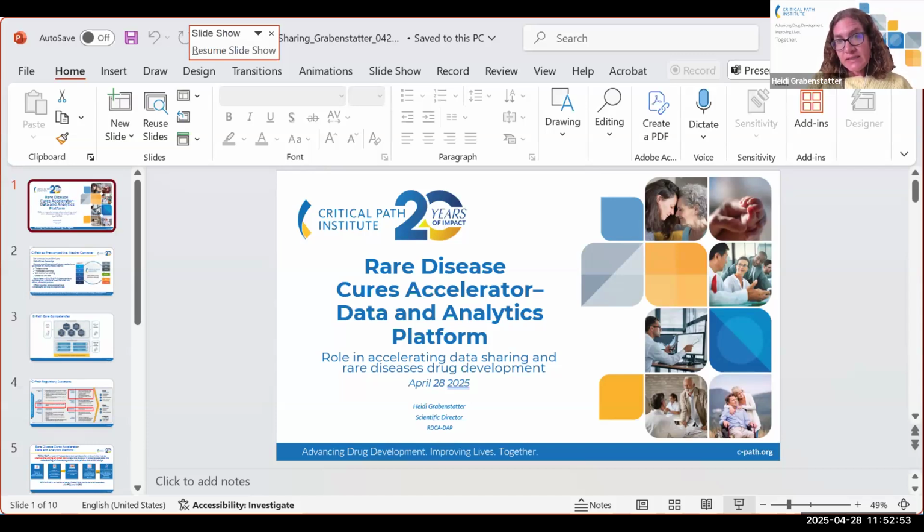In polycystic kidney disease, we had EMA and FDA qualification of a total kidney volume imaging biomarker, and in transplant therapeutics, the EMA qualification opinion for the iBox scoring system. So there have been several qualification decisions, letters of support, and fit-for-purpose endorsements with the FDA, but also qualifications that have gone to the European regulators and the Japanese regulators.